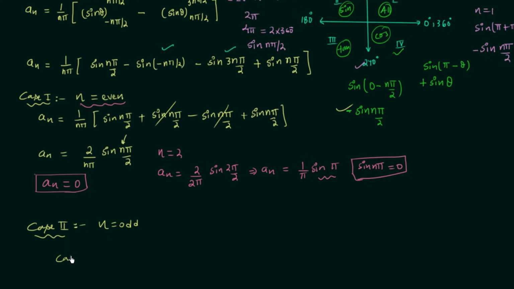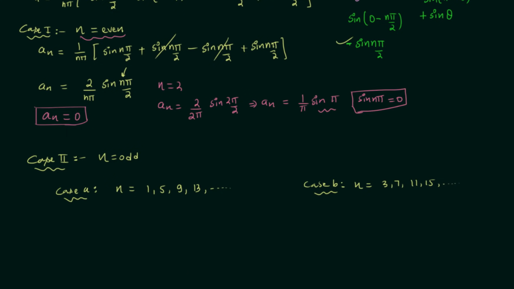Let's call the first case case A. In this case n is 1, 5, 9, 13 and so on, and in case B n is equal to 3, 7, 11, 15 and so on. I will explain why we have taken two different cases when n is odd. Let's discuss the first case when n is 1, 5, 9, 13 and so on.